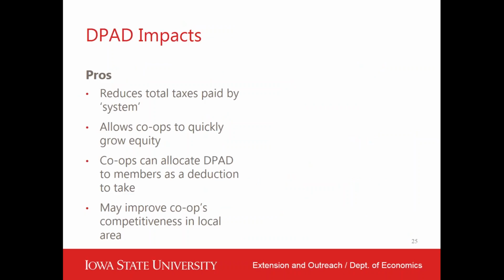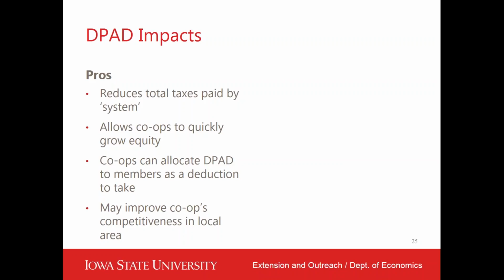I think there are pros and cons of this. The very positives of this DPAD: it reduces the total taxes paid by the system. When I talk with auditors and they talk with their board members, farmers don't like to pay taxes and co-ops don't like to pay taxes. It's no different. It allows co-ops to quickly grow their equity. So in the last 10 years, this has allowed co-ops to really bolster up their equity.